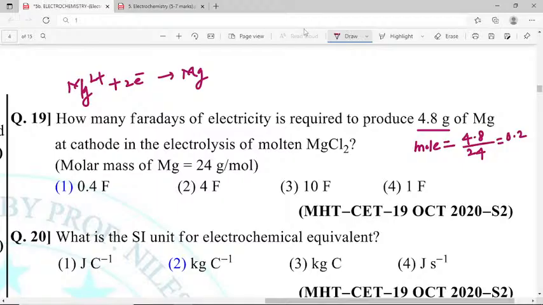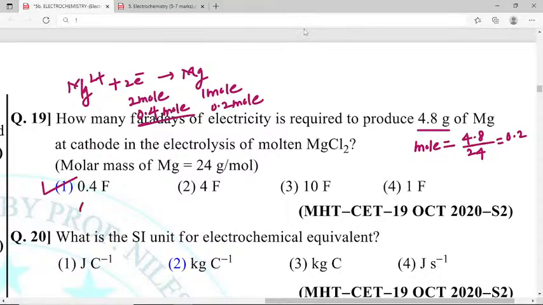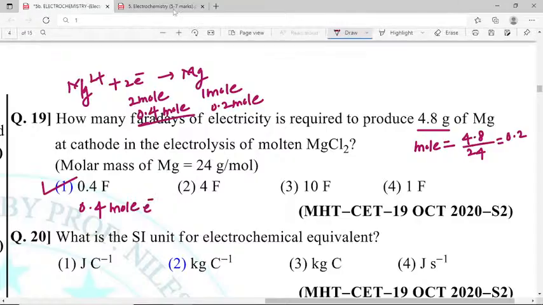So this is 0.2 for 1 mole, 2 mole electron. So 0.2 mole is equal to 0.4 mole electron. So 0.4 Faraday. This is 0.4 mole electron. Faraday and mole both are equal.